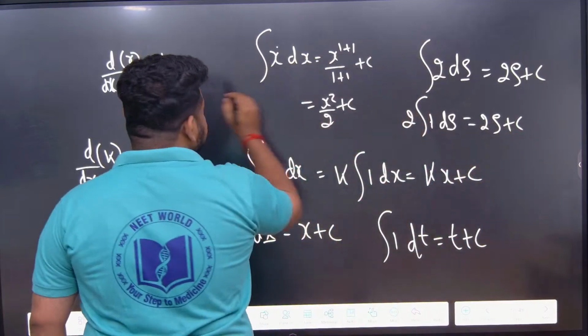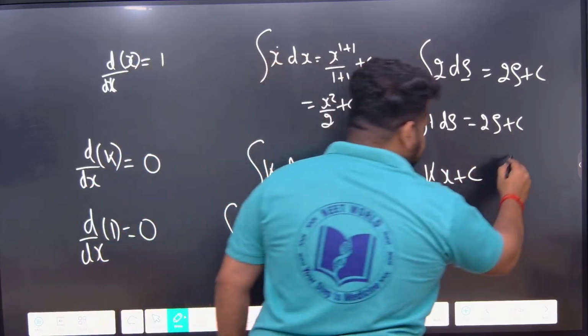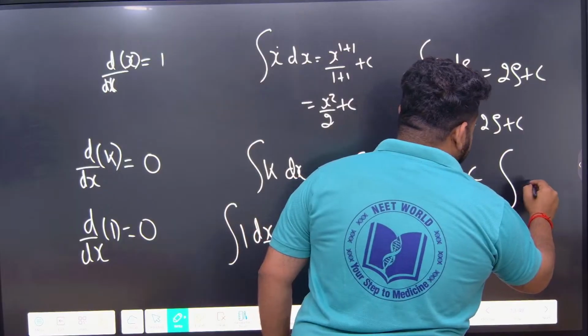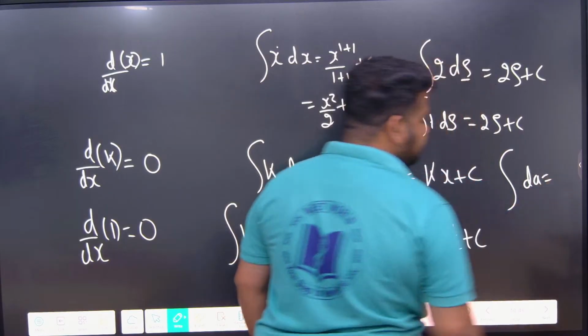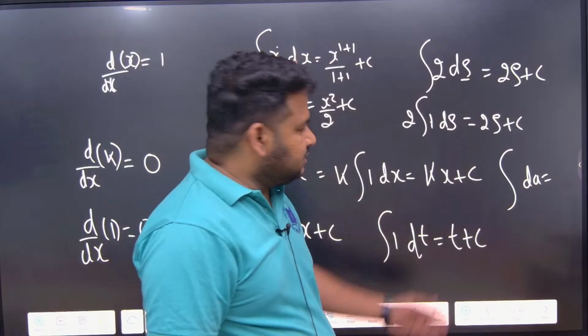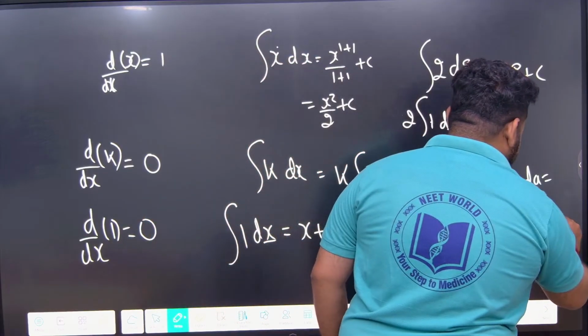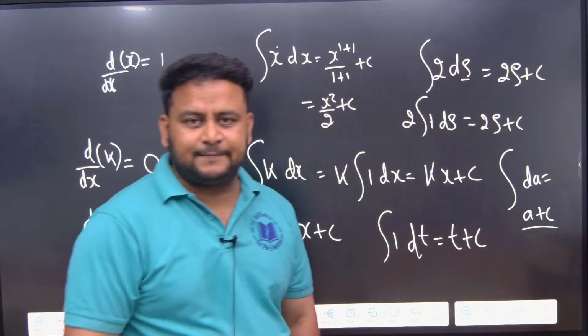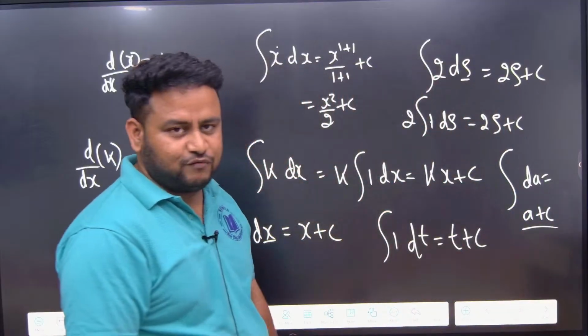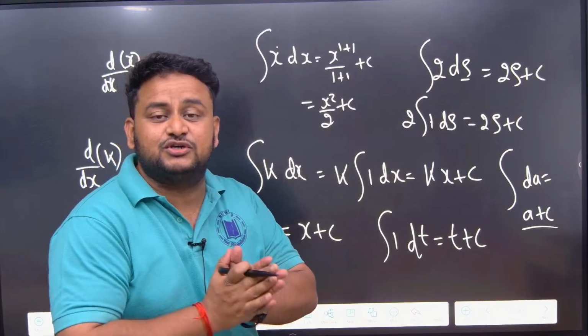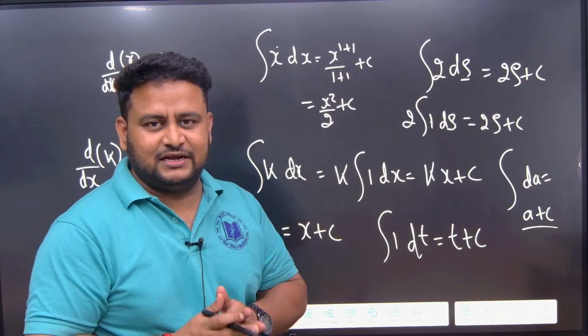Let me write another example: the integral of dA is equal to what, friends? You are integrating with respect to a, so you just write small a plus c, that is all, clear? These formulas will be helpful. The integral of nothing means it is actually 1.